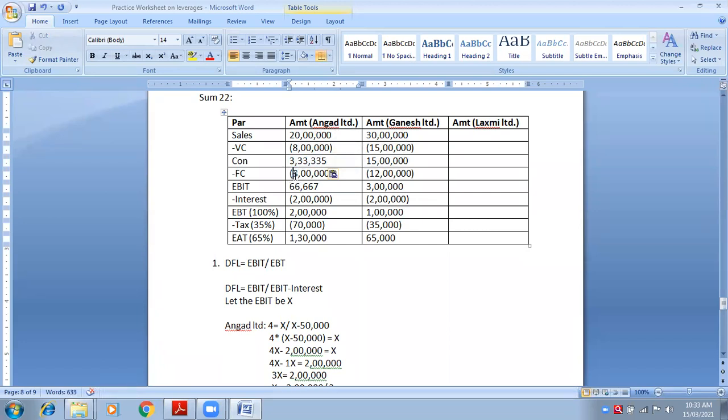So what will be my fixed cost? 3,33,335 contribution minus EBIT 66,667. So you will be able to find out fixed cost. Do it in the calculator. Come on, do it in the calculator. 2,66,668.